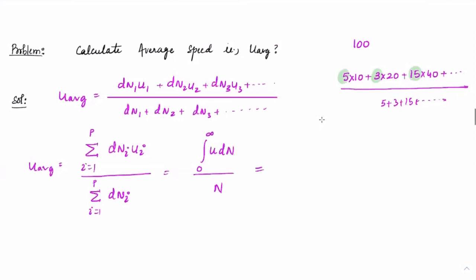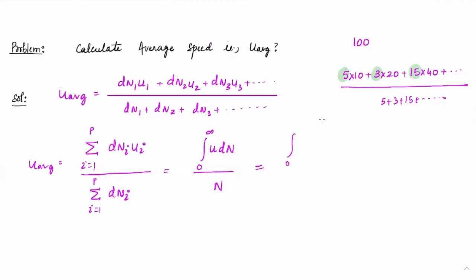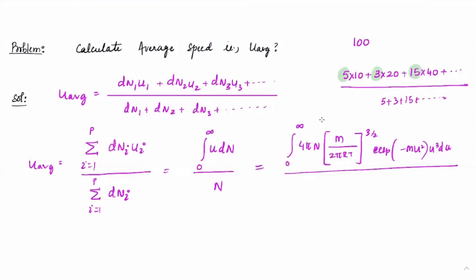That would be equal to the integral from 0 to infinity of 4 pi n times (m by 2 pi RT) raised to 3 by 2, times the exponent of minus m u square by 2RT, into u cube into du, divided by n.